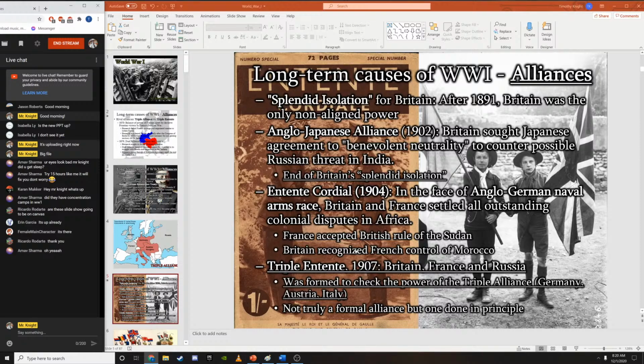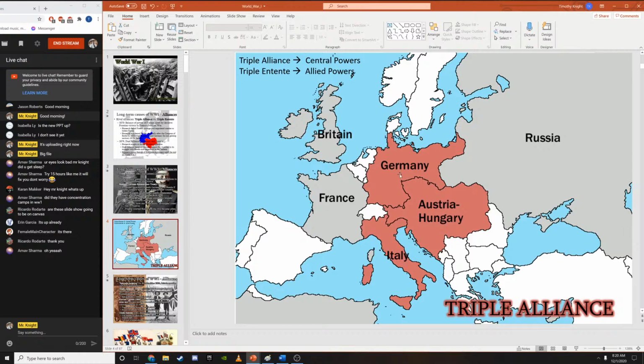and Russia. And really the whole reason that the Triple Entente gets formed is as a reaction to the Triple Alliance, which had come first. So as soon as Britain, France, and Russia take a look at this Triple Alliance that had developed, and in the face of Germany building up its navy and becoming more militaristic, Britain, France, and Russia are all fearful now of what could happen between Germany and Austria-Hungary.